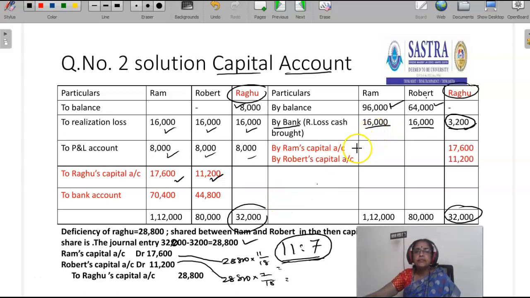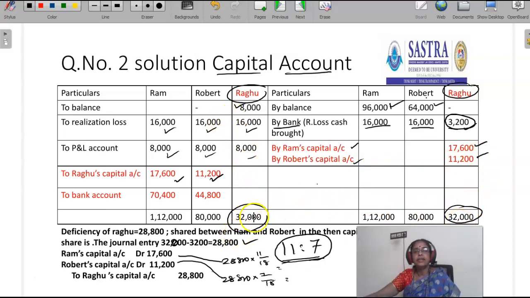Then, by Ram's capital, under Raghu we have to enter the amount 17,600. Under Raghu, by Robert's capital is 11,200. So his capital account is closed.